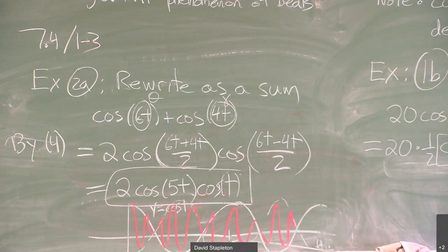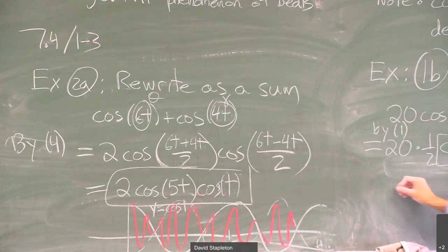Cosine alpha, cosine beta is cosine alpha plus beta plus cosine alpha minus beta. And so we'll just rewrite it like that and say 36t plus 6t and 36t minus 6t. This is by equation 1, the very first one we derived for the product of the sum.